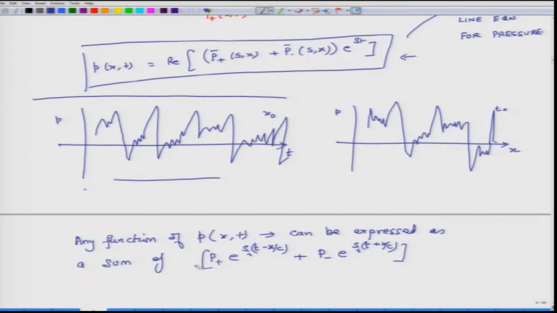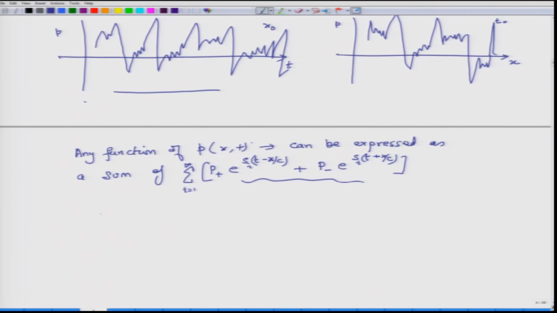So, I can express any function p of x and t as a sum of all these different p plus i, from 1 to infinity, and as I keep on changing my complex frequency and I sum them up, if I use mathematics correctly, I can express any function p of x and t as a sum of different p plus e to the power of s t minus x over c and p minus e to the power of s t plus x over c, using a method known as Fourier transform.